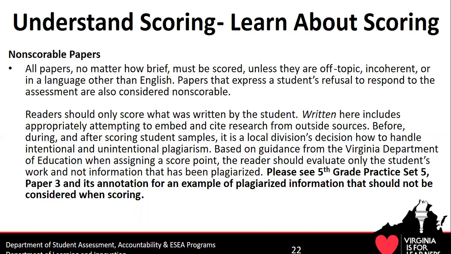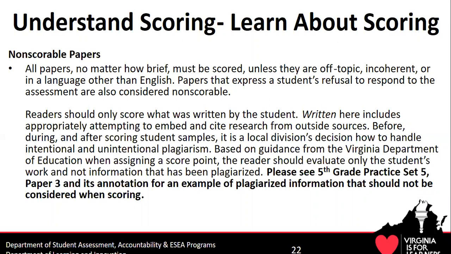But all papers, no matter how brief, must be scored unless they are extremely off-topic, incoherent, or in a language other than English. So papers that express a student's refusal to respond are also considered non-scorable. And readers should only score what was written by the student. So written means that the student has appropriately attempted to embed and cite research from outside sources.